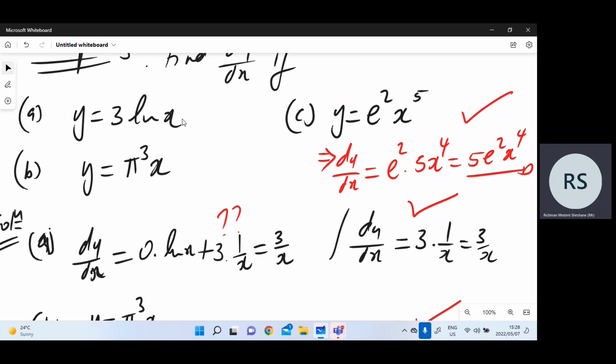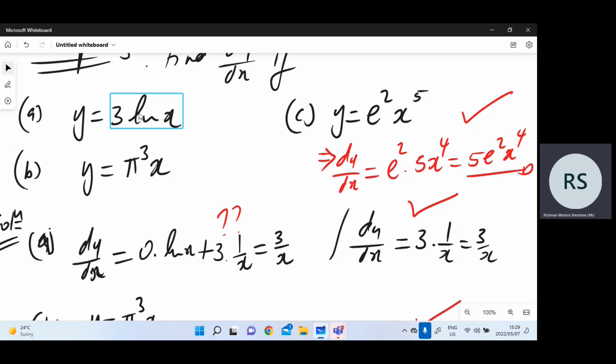No. If you understand the product rule, we apply the product rule when you have the product of functions of x. You don't have a product of functions here. We have a constant multiplied by the function. So we didn't have to apply the product rule. If you don't have a product of two functions, you don't have to apply the product rule.